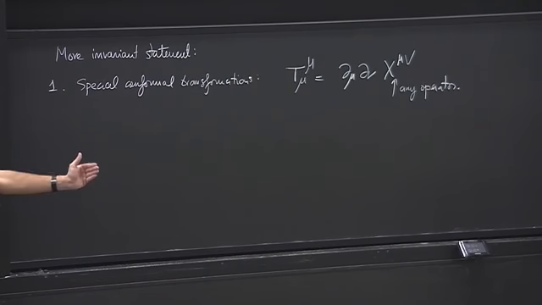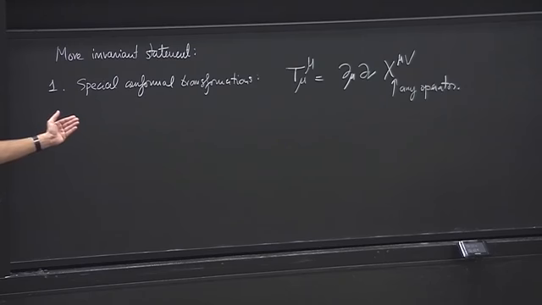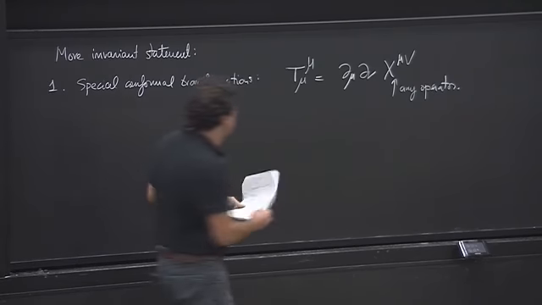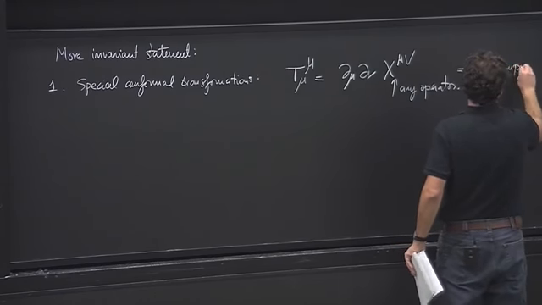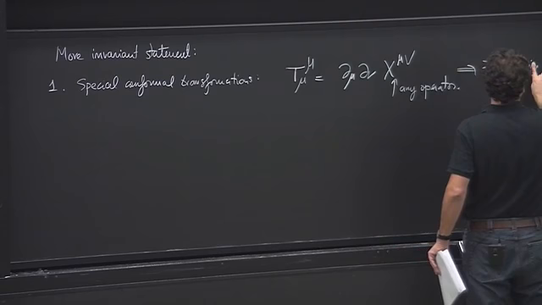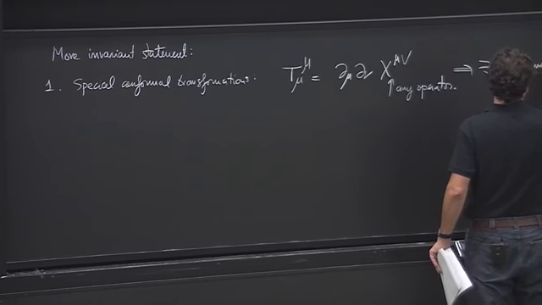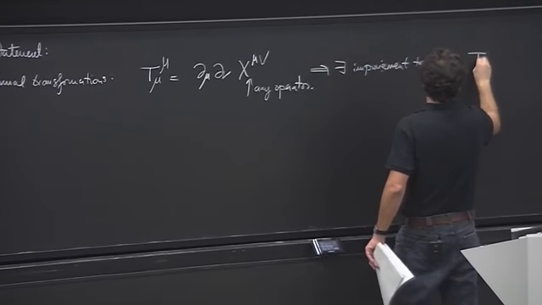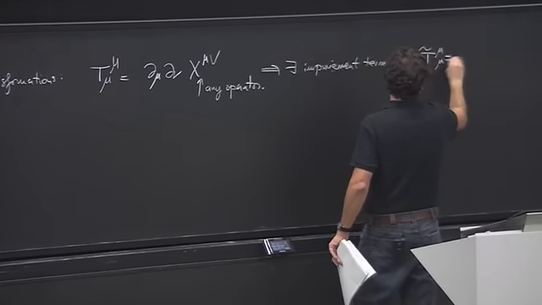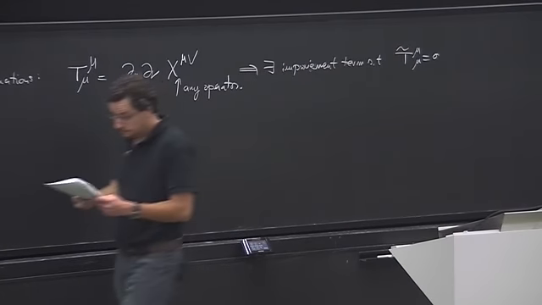Then there is a second statement, that if this is true, then you can always cook up a Belinfante-like improvement term such that this guy vanishes.